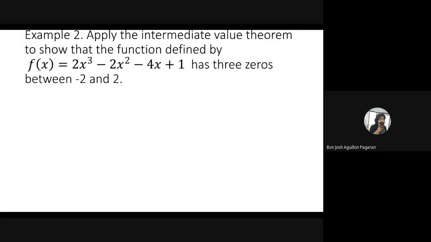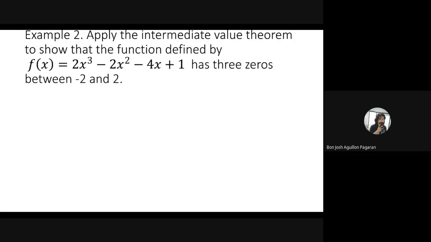Now, the IVT can also be applied when finding the number of zeros. Like for example, let's apply the intermediate value theorem to show that the function defined by 2x cubed minus 2x squared minus 4x plus 1 has three zeros between negative 2 and 2.